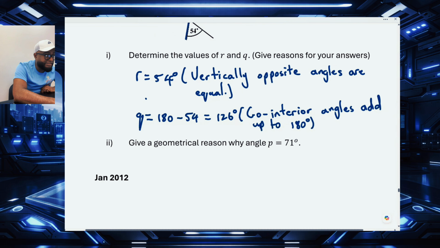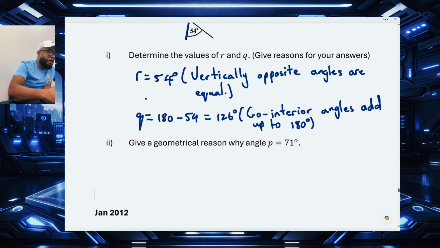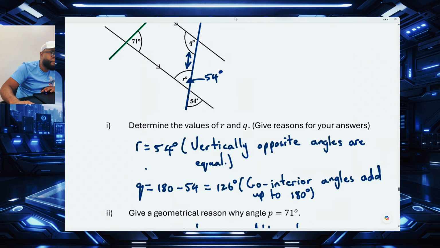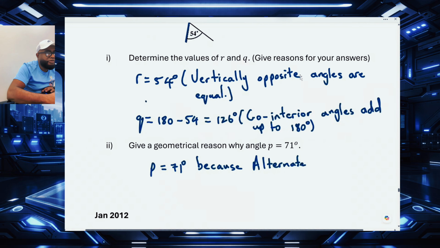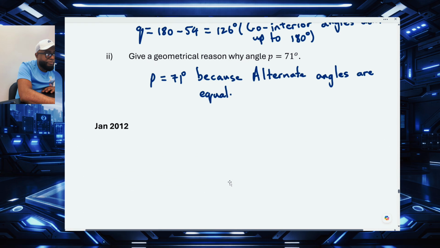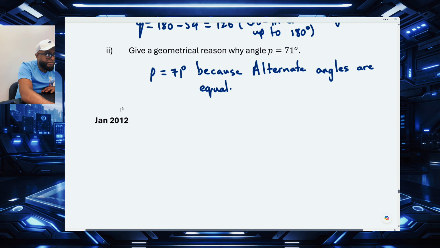I like how plenty people answered. So P is equal to 71 degrees because alternate angles are equal. I hope you're getting through these things, and they flow in.